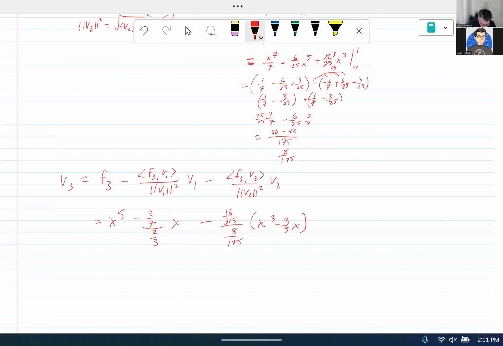Okay, so let's clean this up. This is going to become x to the 5th minus, the 2's are going to cancel. The 3 is going to flip up top, 3/7 x minus, this is going to become 16 over 315 times 175 over 8. That becomes 2. Okay, 175 and 315 are both divisible by 5.